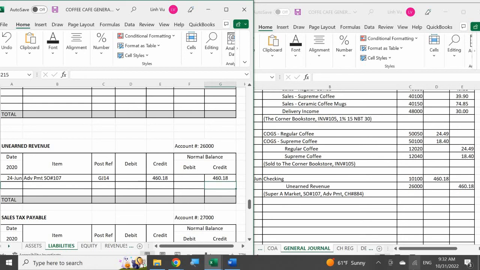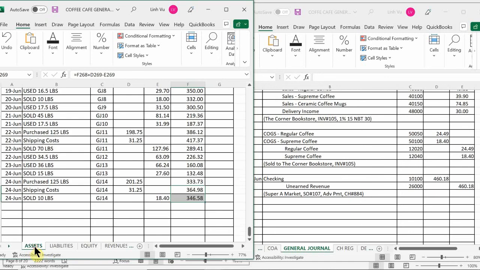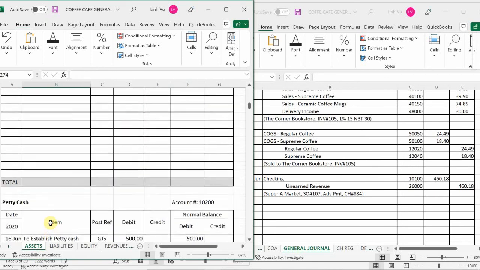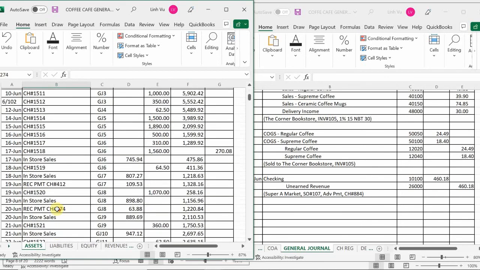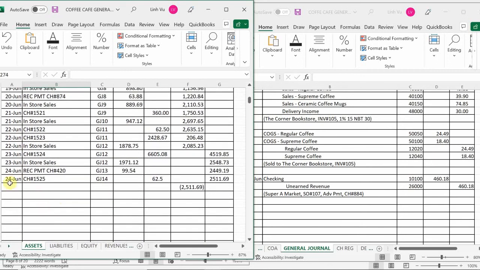Okay, we go to our checking account. Right, this was an advance payment on sales order number 107, for how much? 460.18.